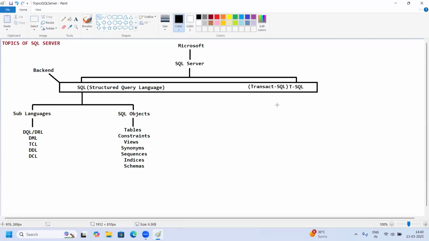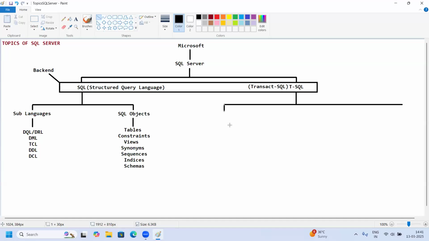Then we go with T-SQL. And this T-SQL is divided into different types of coding process. T-SQL is called Transact-SQL.